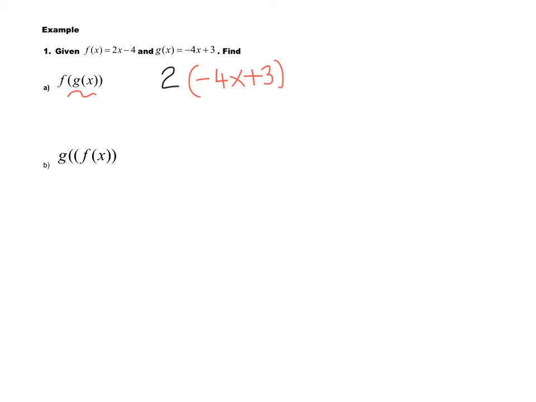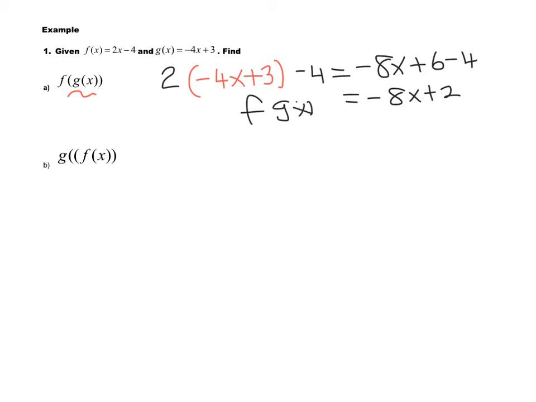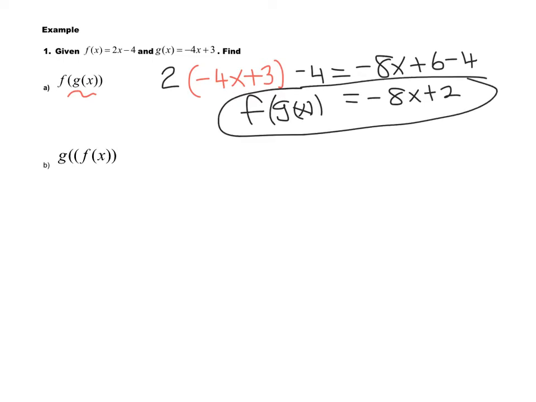And then I just continue with the f function, minus 4. So I just simplify that. I get minus 8x plus 6 minus 4. So we get minus 8x plus 2 is the answer. So that's the answer right there.